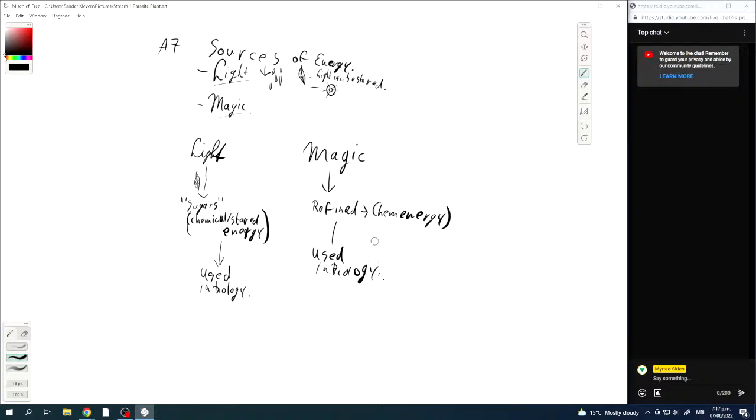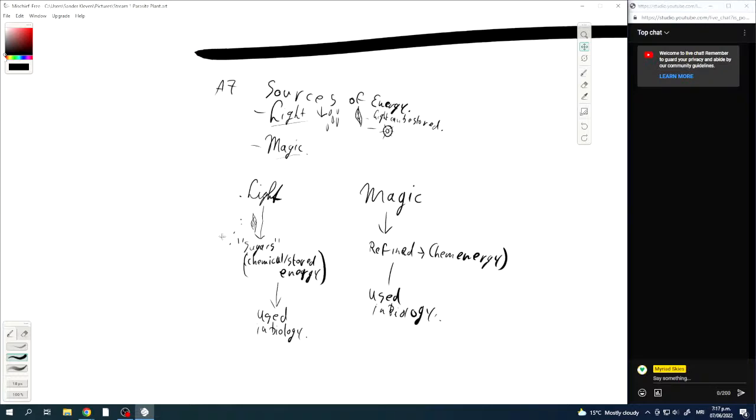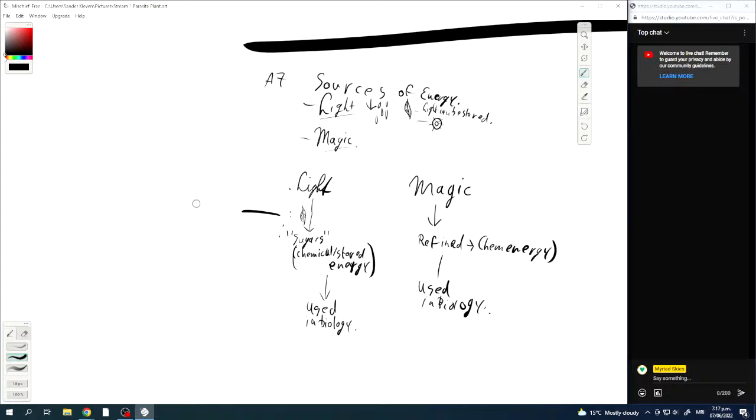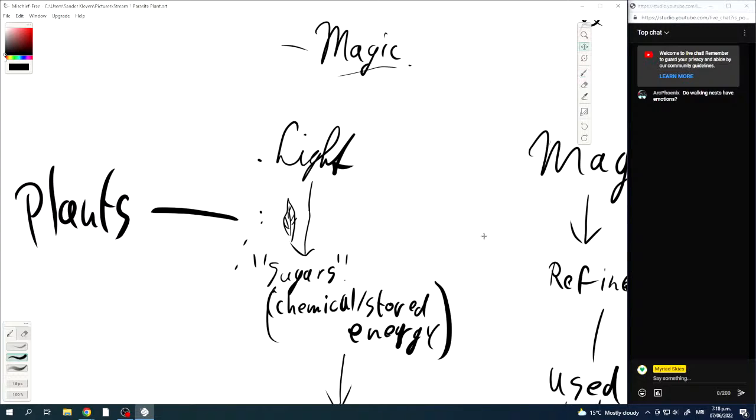Let's see. So these processes, turning light into sugars, is probably purely the domain of plants. So that I don't make everything huge.